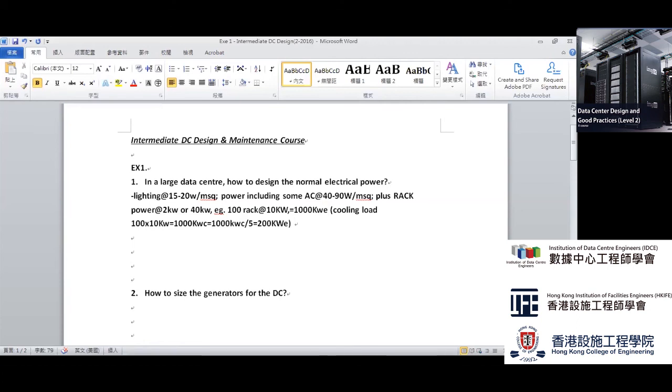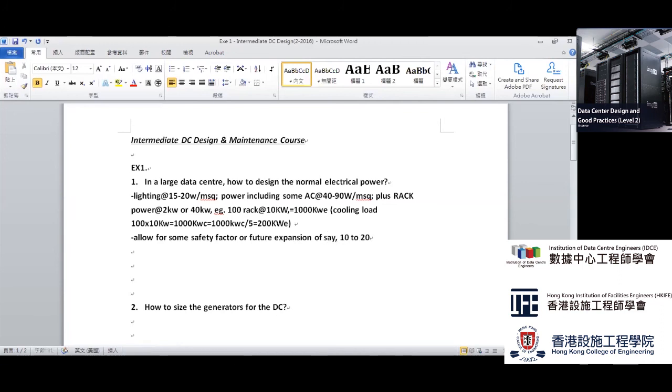And then also allow for some safety factor or future expansion, say 10 to 20%, or even some people put 50% on top. Yeah. So that is how you do it for the normal electrical power.